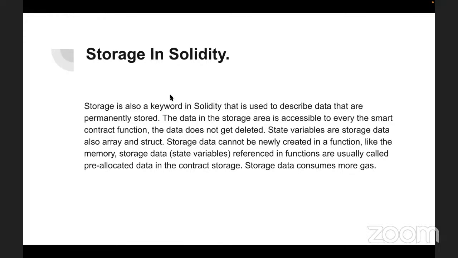State variables referenced in functions are usually called pre-allocated data in the contract storage. They are already allocated in the contract storage, then you can reference them in functions. Storage data consumes more gas, because it is permanently stored in the smart contract.